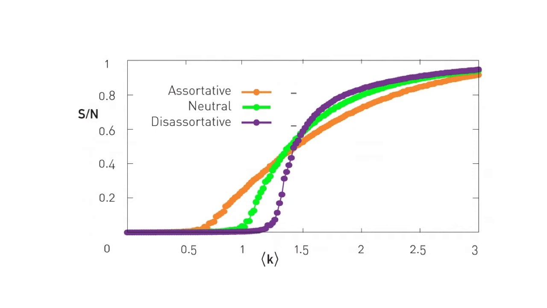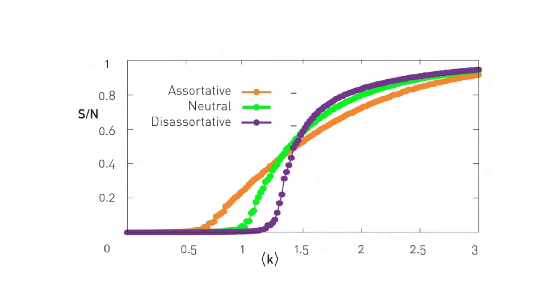Erdős-Rényi generates neutral networks. So if we look at this green line, which corresponds to neutral networks, we can see that the S to N ratio, the ratio of the number of nodes in the giant component relative to the total number of nodes, grows very slowly until we hit the critical point, where average K equals 1 on the x-axis.